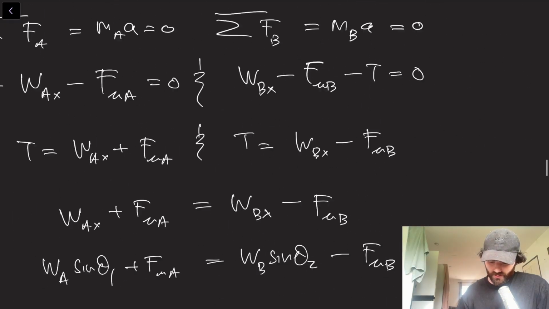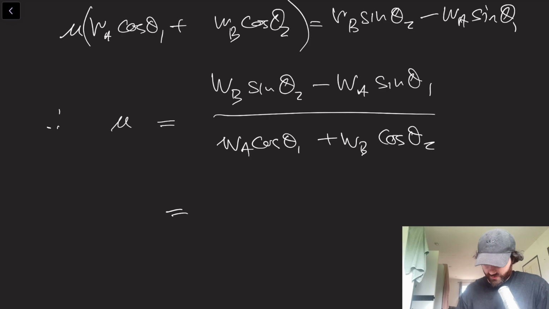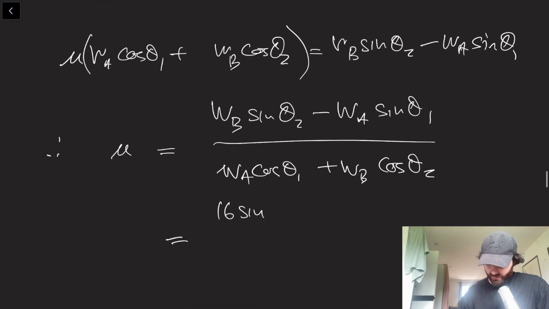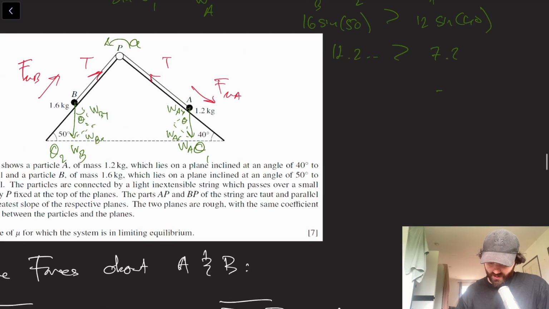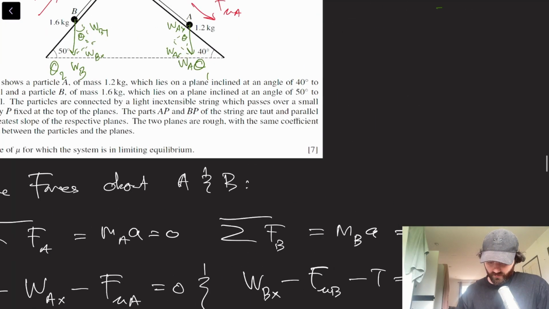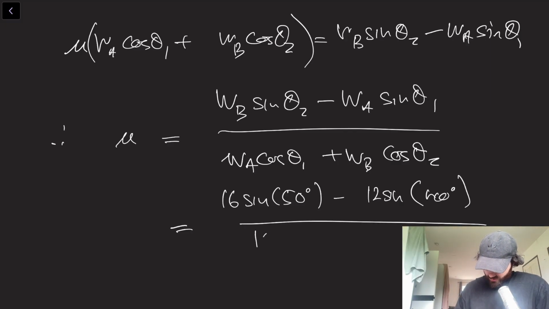So our B is 1.6 times 10, so our weight of B is 16, sine theta 2 is 50 degrees. So sine of 50 degrees minus A was 1.2, so that's 12 sine of 40 degrees, divided by WA, 12 cos 40 plus 16 cos 50.